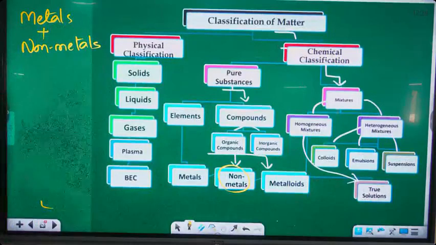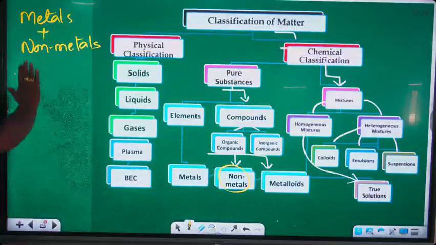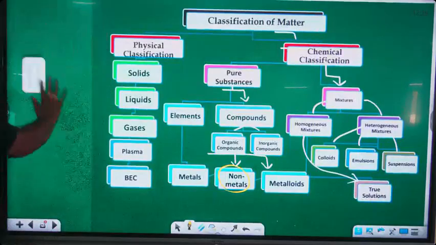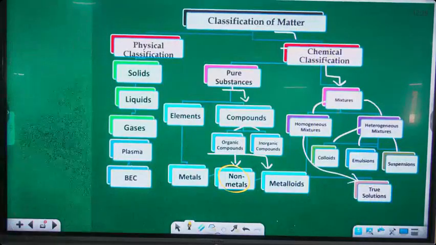The elements which have the properties of metals and non-metals, we call them metalloids, semi-metals. If they have both metal as well as non-metal properties, they are known as metalloids.